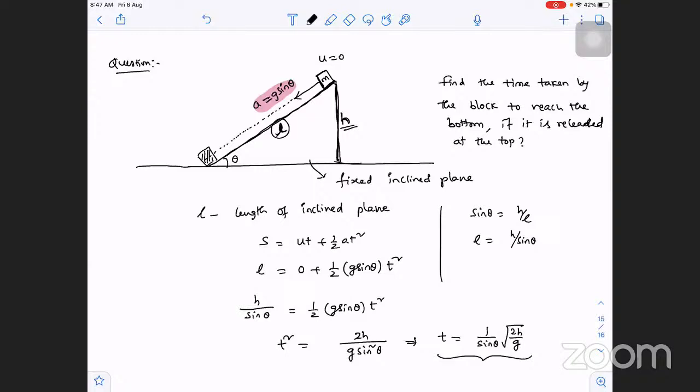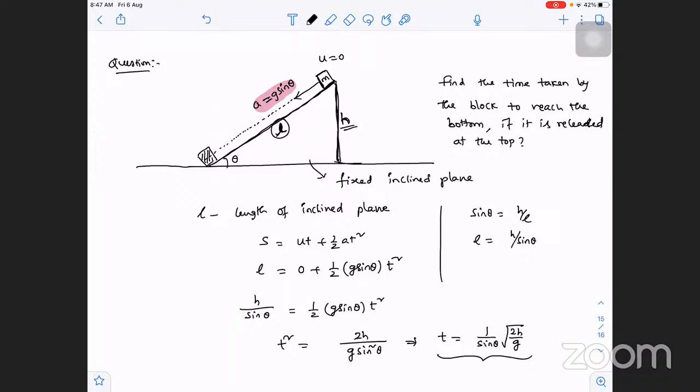Okay, copy this, and if you have any doubt, let me know. So it is the root of 2H by g sin square theta.